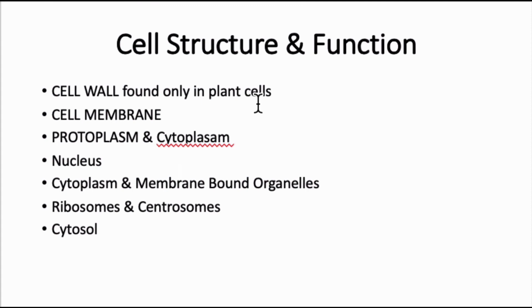The cytoplasm has many membrane-bound organelles, like the endoplasmic reticulum, the Golgi bodies, mitochondria, vacuoles, and plastids. These are all membrane-bound. In addition to that, there are also non-membrane-bound structures like ribosomes and centromeres. The part of the cytoplasm without the organelles, we call the cytosol. In other words, that's the fluid, the matrix that it's floating in.